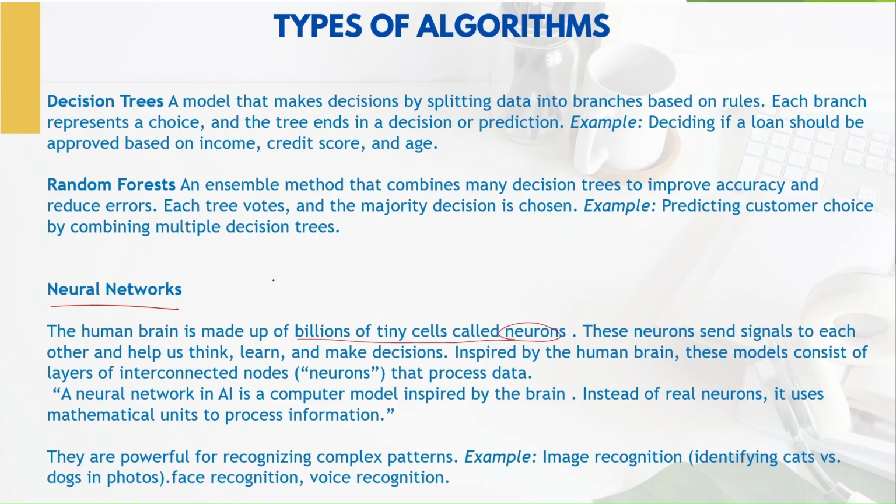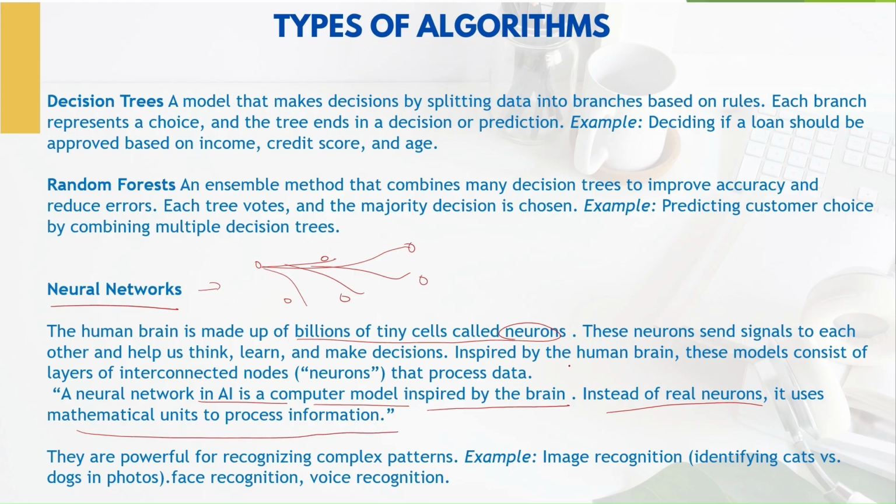So inspired by human brains, these algorithms consist of layers of interconnected nodes, and they are used to process the data. A neural network in AI is a computer model which is inspired by the brain, but instead of using real neurons, it uses mathematical units to process the information.